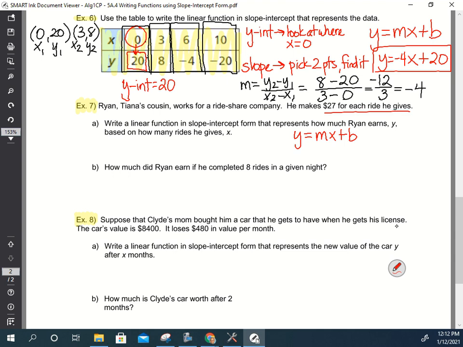So that means m is 27. B is the y-intercept, what he started with. So, when he leaves the house, how much does he start with? 0, because he didn't do no work. So $0.